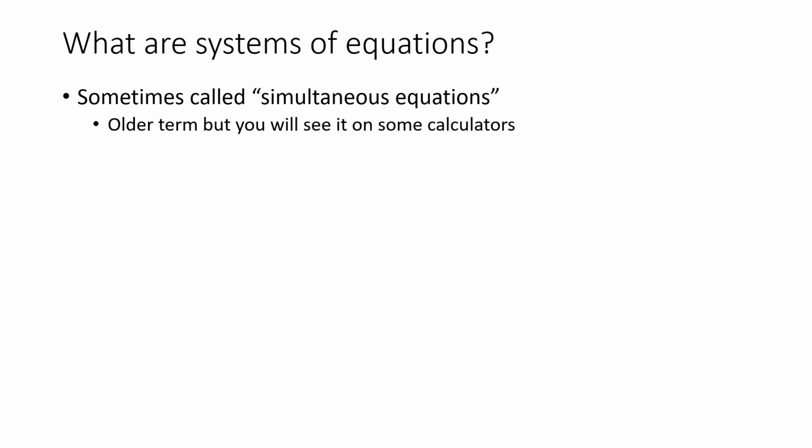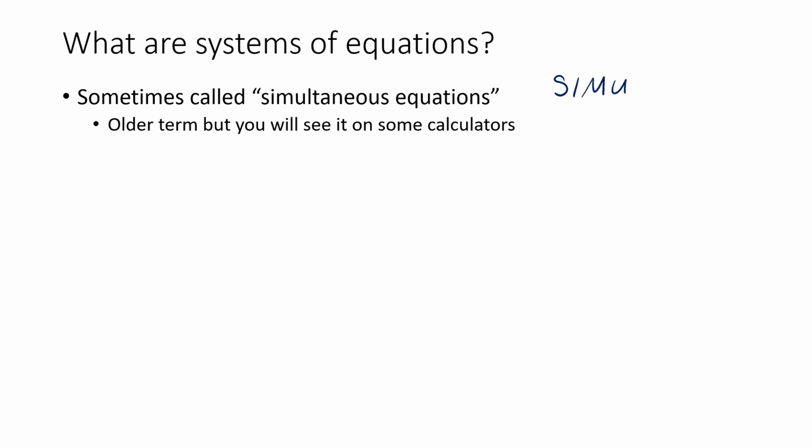Now, systems of equations are sometimes called simultaneous equations. This is a little bit older term. I don't hear it a whole lot in the math circles that I run in, but you will see it on some calculators. So it's possible that you'll have a calculator that in one of the menus, you'll see something that looks like this.